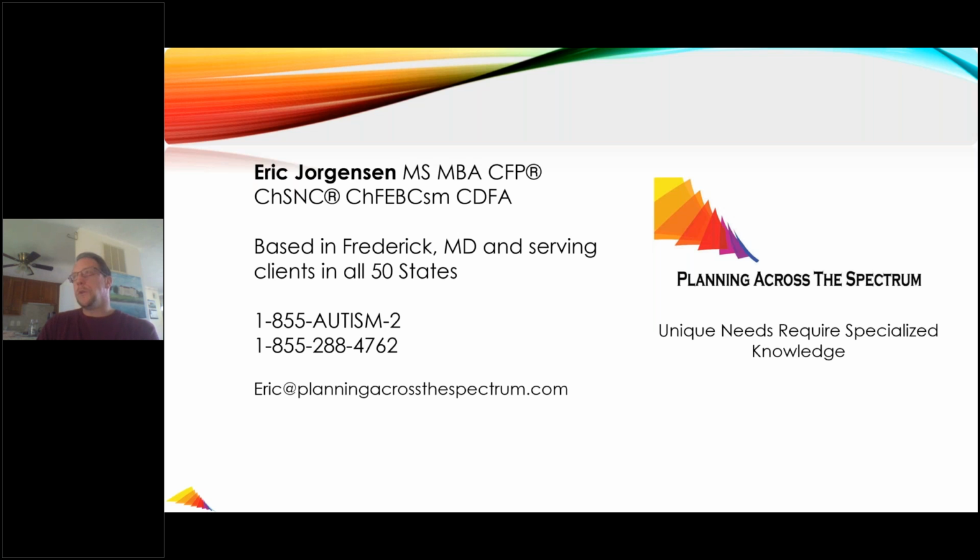With a SEP, although you can work and contribute as much as $50,000 a year, I plan for the majority of people. The majority of individuals and families I work with are not going to be earning enough to put in $57,000 a year of their income into a SEP IRA.